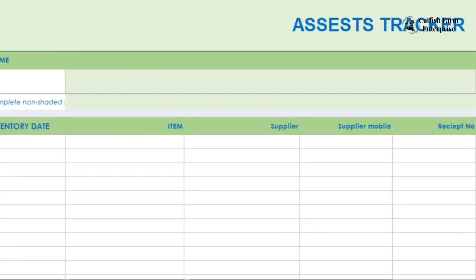Now, the last one we have is the asset tracker. Now, this helps you to track the assets you have in your farm. Let's say you bought a goose from the farm, let's say in January. Then, let's say you bought an oven in the farm. Who supplied it? Maybe Mr. P. Supplier number, you put the phone number of the supplier.